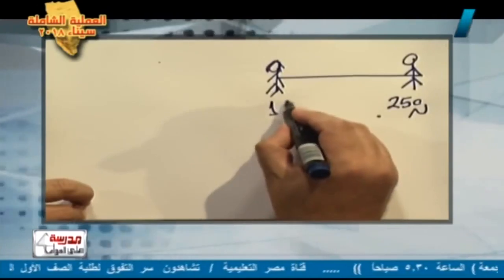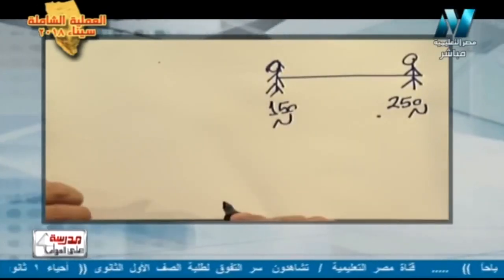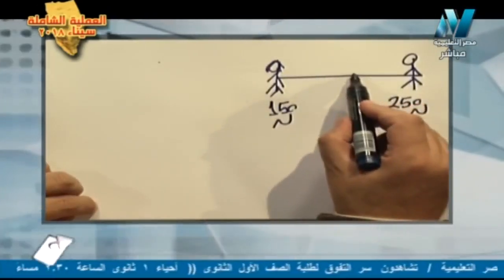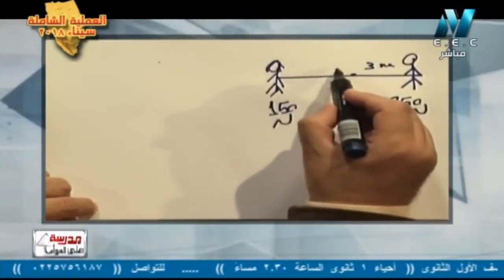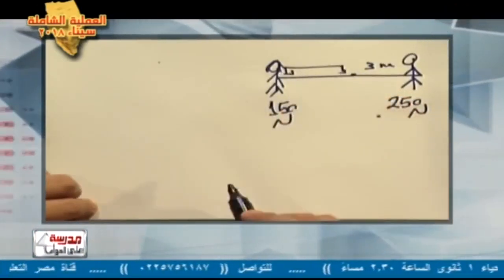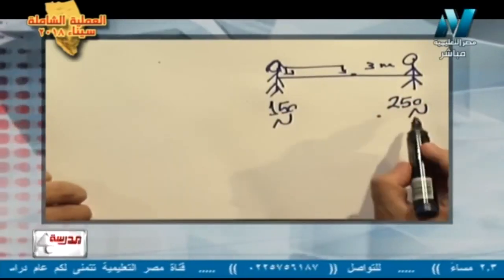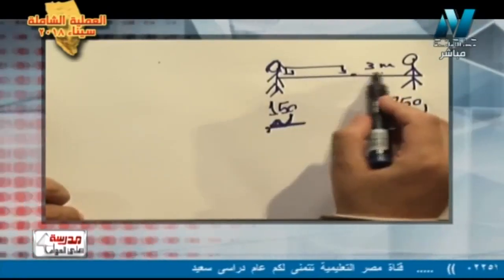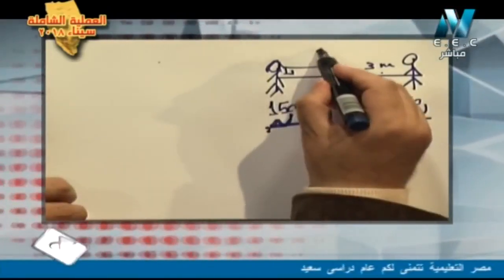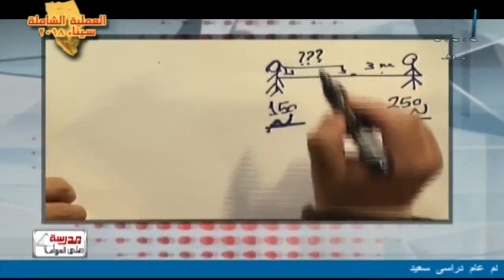Her weight is 150 Newton, and the boy's distance from the fulcrum is 3 meters. I want the distance from the fulcrum at which to place the girl to make balance. Surely they aren't the same weight, so they must not have the same distance. So here I want the distance of the girl.